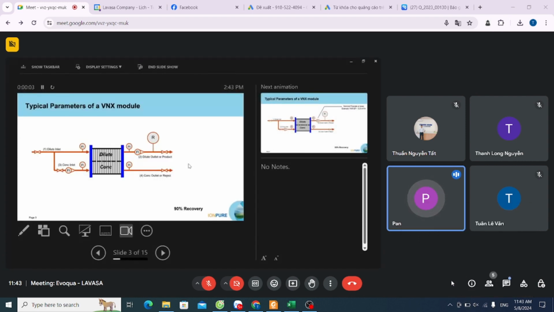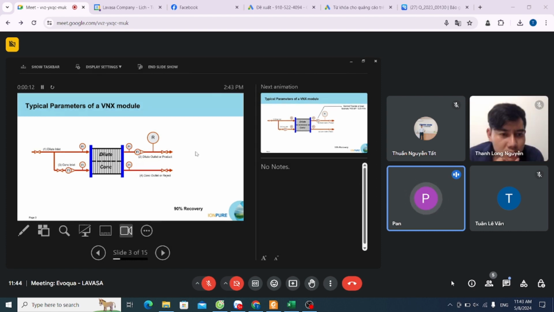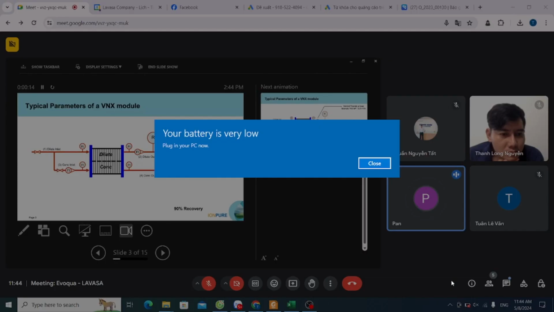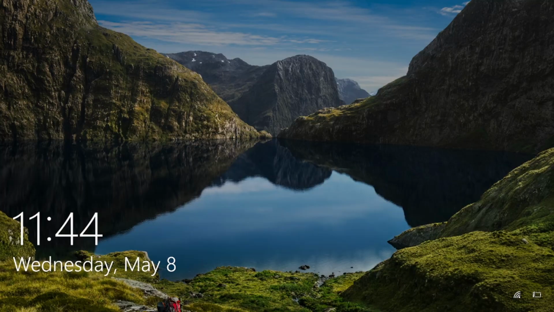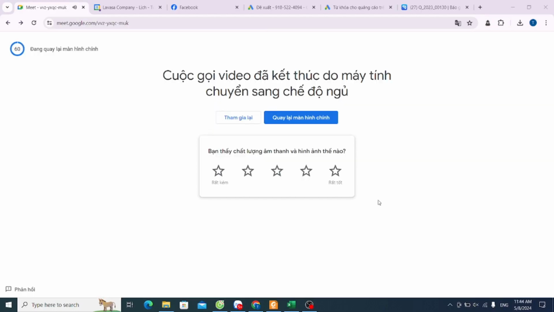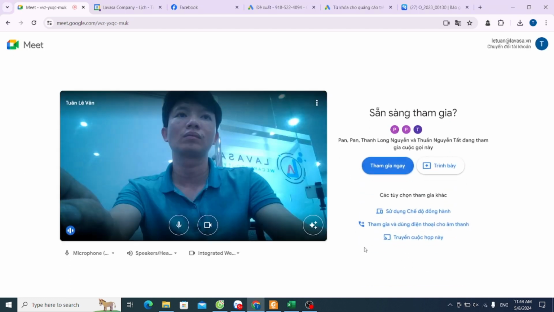So this is the piping for the IOPURE brand. We are simpler than the Suez. Suez is 2 in, 3 out. Okay, because to distinguish between the two, for the IOPURE one, the inlet is always at the top.